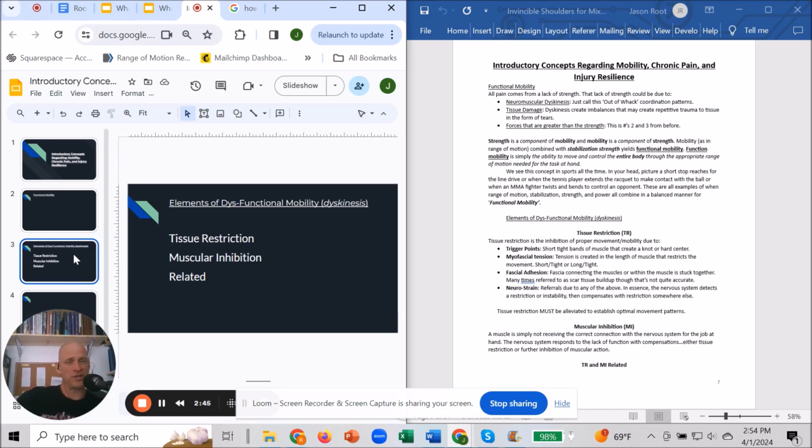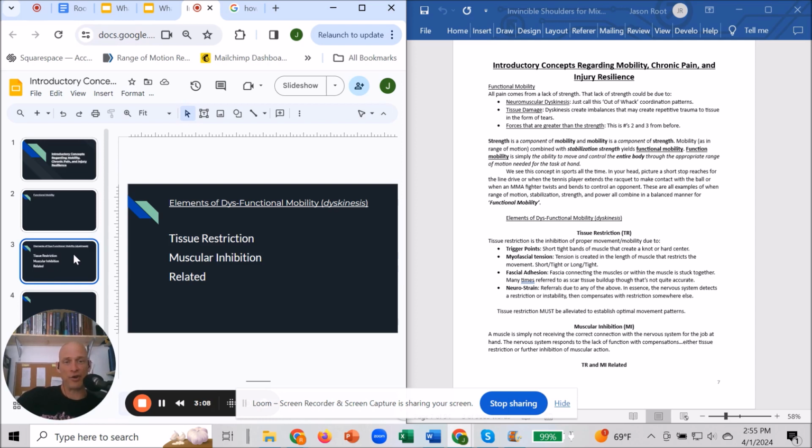That's myofascial tension, or it might be myofascial tension that feels tight, but yet it also has range of motion. So maybe range of motion isn't even inhibited. We have what we call fascial adhesion. A lot of times people will call that scar tissue. Not quite the same thing, but for all intents and purposes, it works for us.